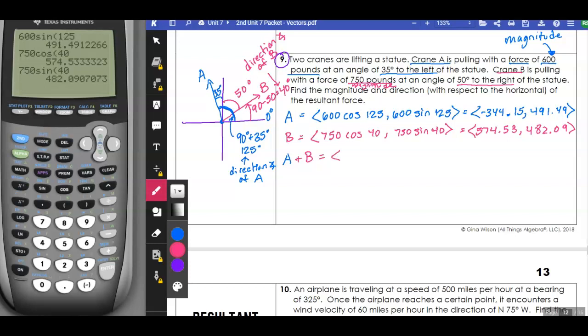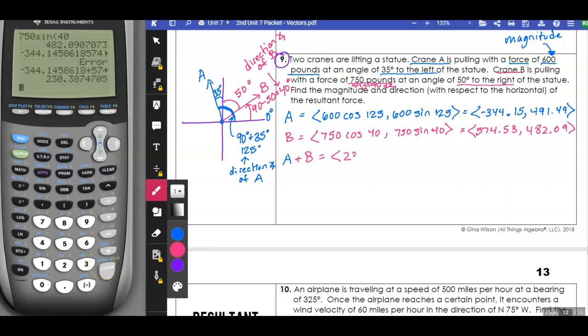So here this becomes negative 344.145 plus 574.53, and I get 230.39.